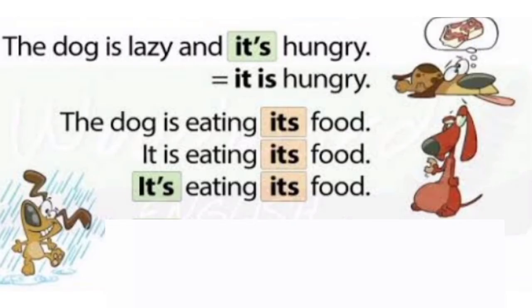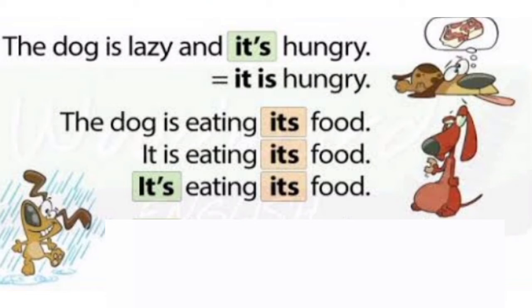Now let us understand in brief the difference between it's and its. See here in this picture, the dog is lazy and it's hungry. So this it's with an apostrophe is a contraction of "it is". Now let us see a further example. The dog is eating its food, which means here the dog has possession over the food.